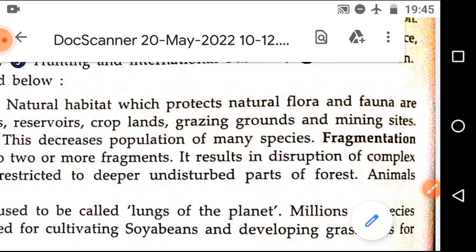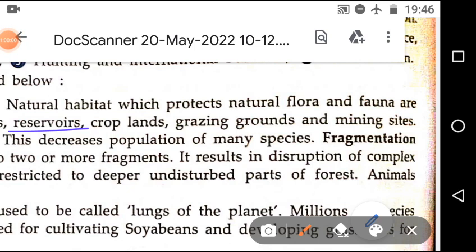That means the natural habitat which was once the place for the plants and animals is now being converted for human settlement, like making dams, making industries, making reservoirs. Reservoirs are the places where water is stored. I have said in the environmental movements, the Narmada Bachao Andolan, NBA.